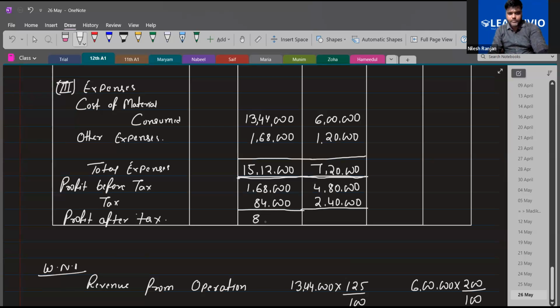So the balance, profit after tax, is 84,000 and 2,40,000.